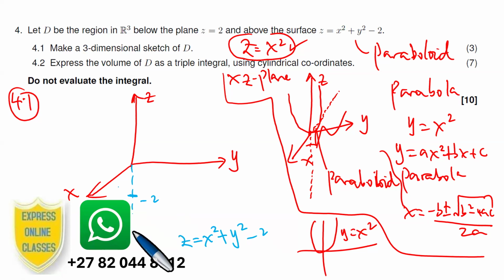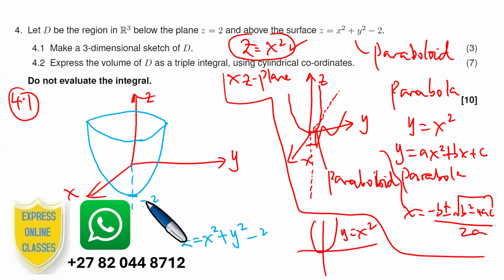Which means that we're going to have the following. So you're going to sketch like this, and then you're also going to sketch like this. Right. So this is the situation.